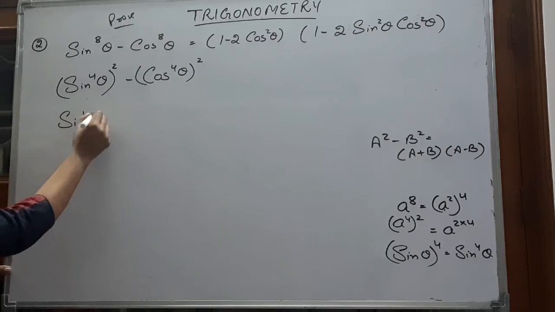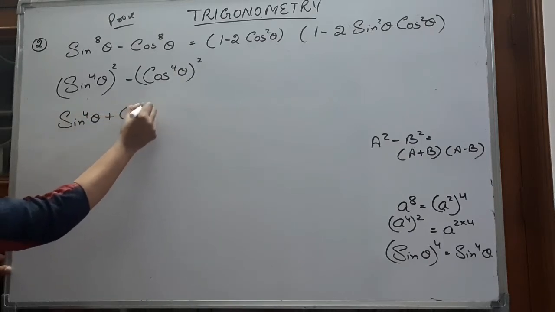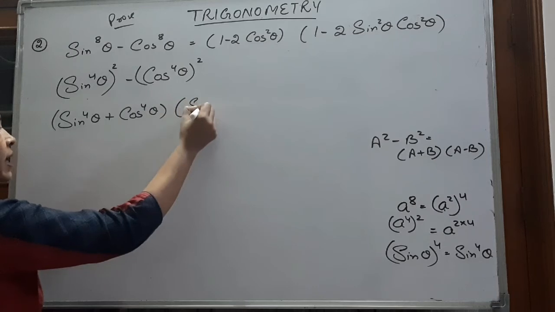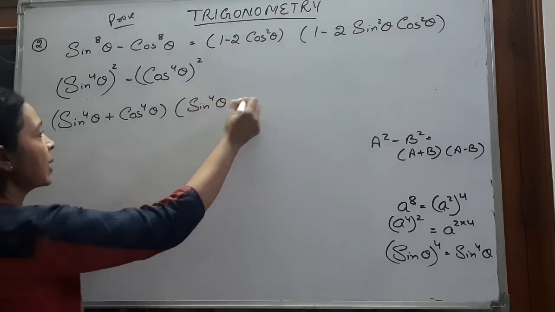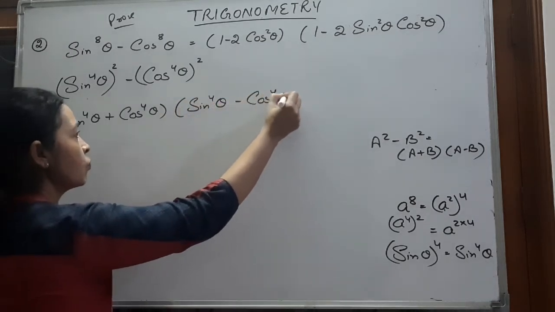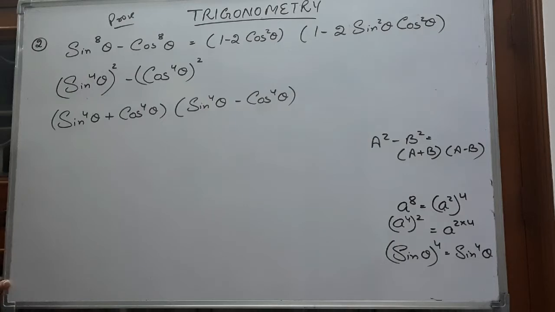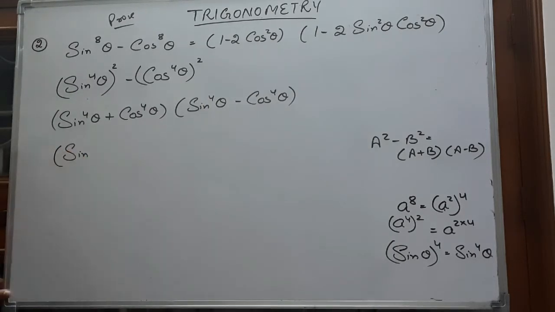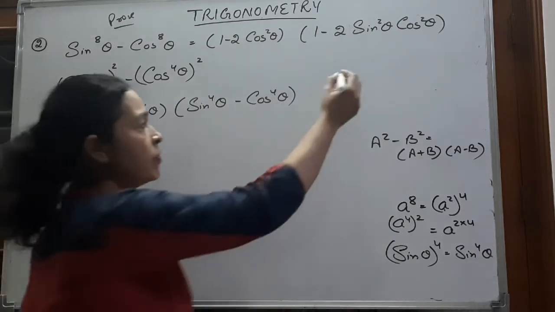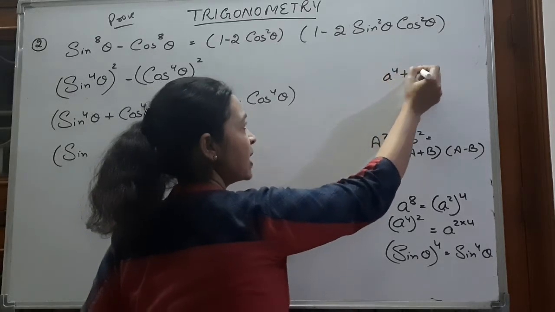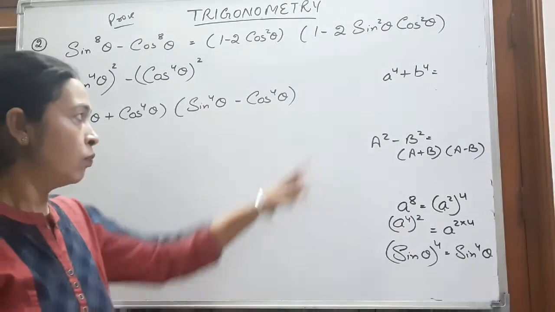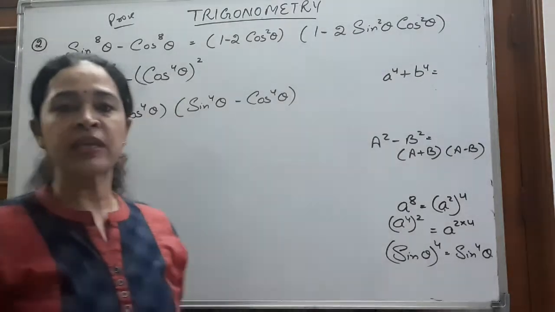(Sin to the power 4 theta plus cos to the power 4 theta) into (sin to the power 4 theta minus cos to the power 4 theta). We have sin to the power 4 theta plus cos to the power 4 theta. If we have a term like a to the power 4 plus b to the power 4, what is its value?